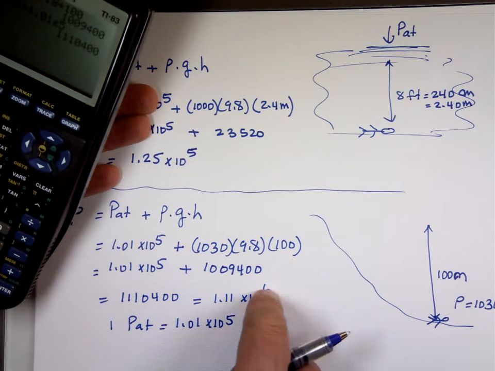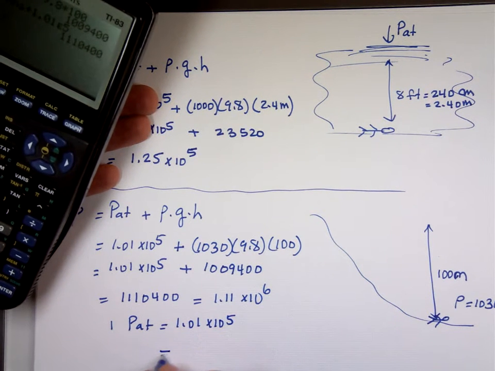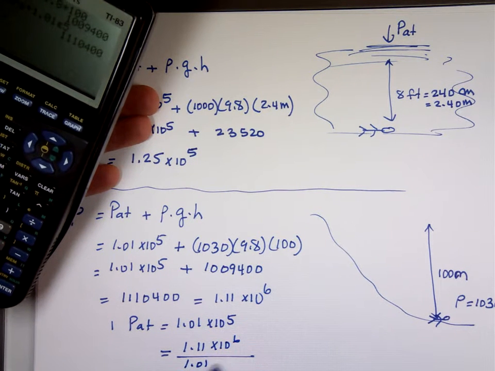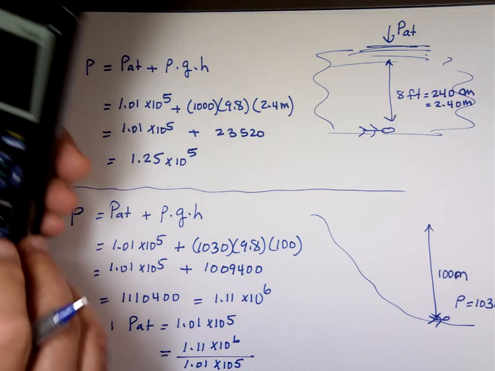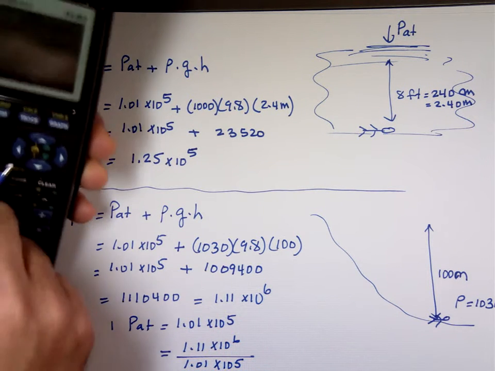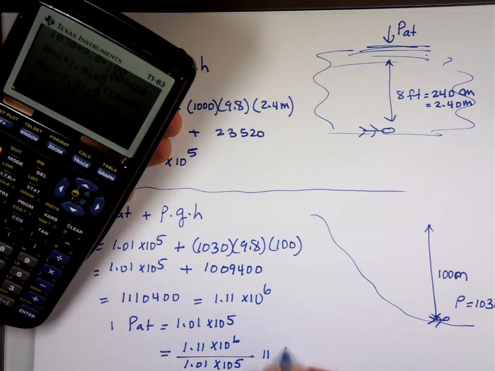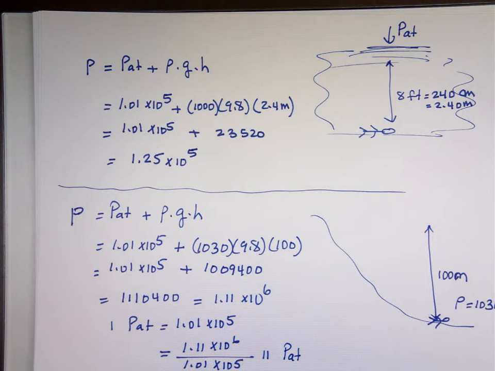So if you divide this number by this, I'll tell you how many atmosphere pressure. 11 times the atmosphere pressure. 100 meters deep. That pressure on your eardrum, your body, is almost unbearable. That's probably the maximum depth a lot of people will go. 100 meters, that's pushing it.